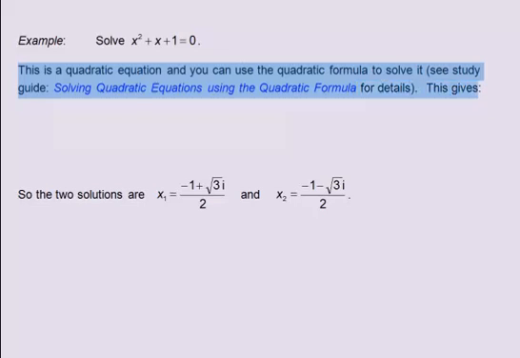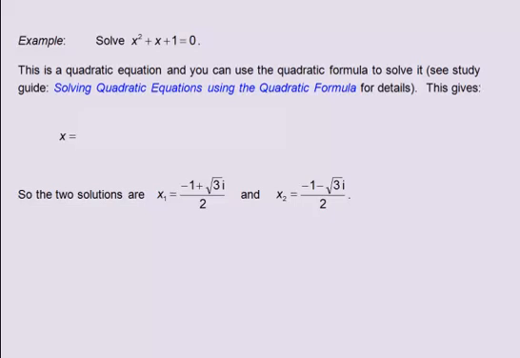This gives x equals minus 1 plus or minus the square root of 1 minus 4, all divided by 2, which equals minus 1 plus or minus the square root of minus 3, all divided by 2, which equals minus 1 plus or minus the square root of 3 multiplied by i, all divided by 2.